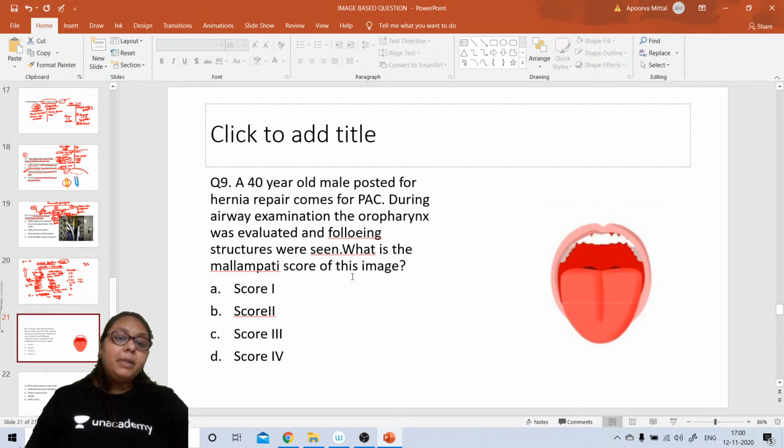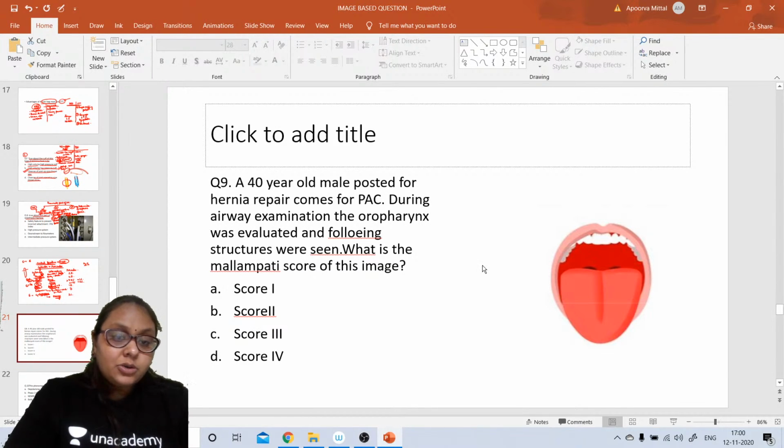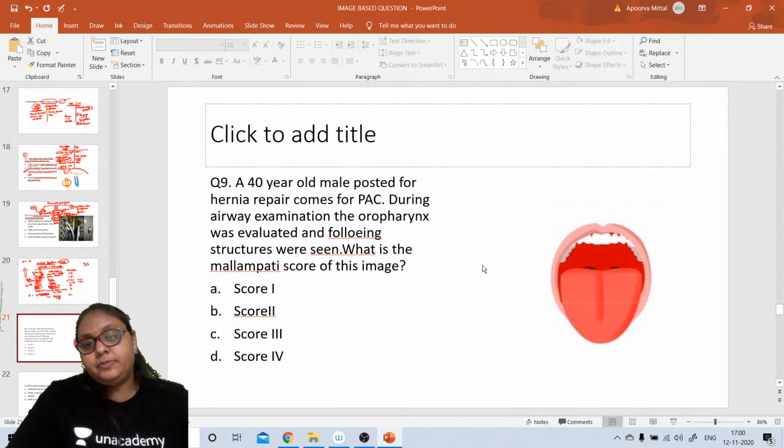What is the Mallampati score for this image? A, score 1; B, score 2; C, score 3; or D, score 4. What is the score for this image? Please tell me, is it 1, 2, 3 or 4?